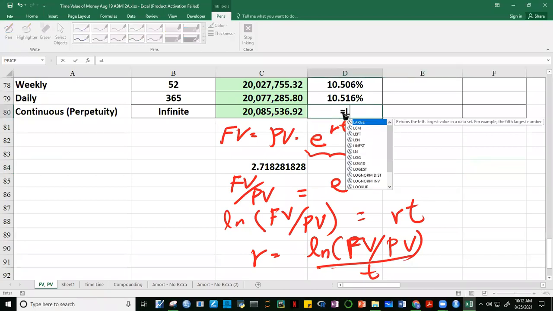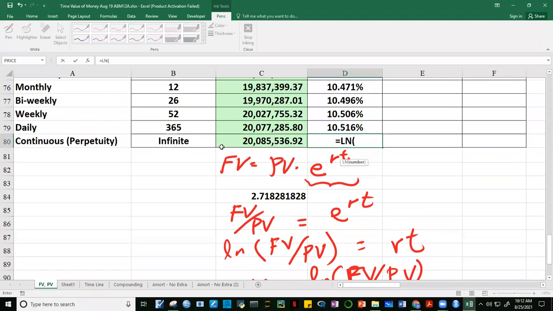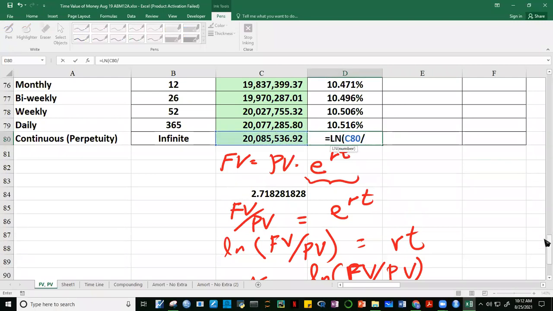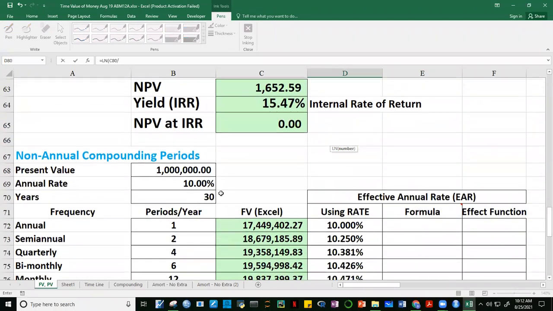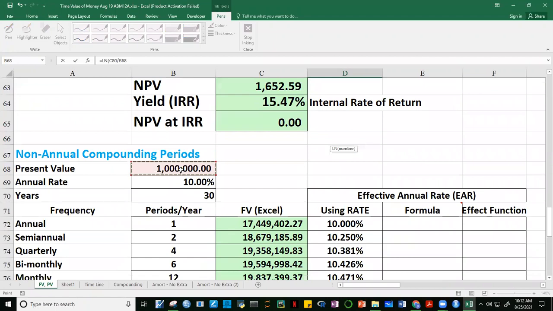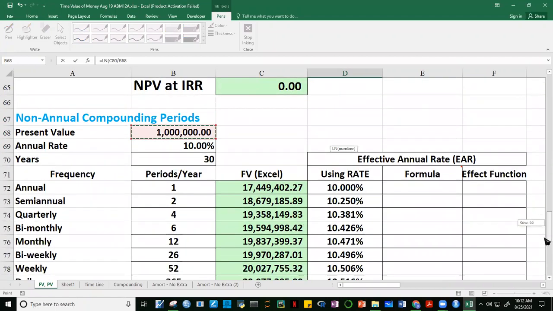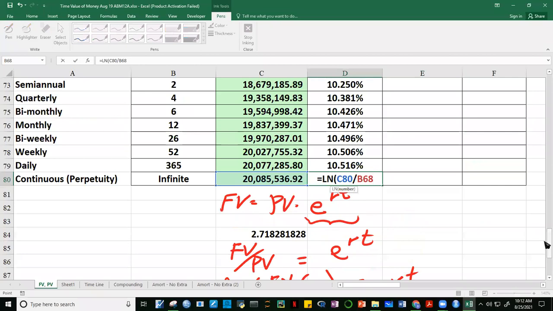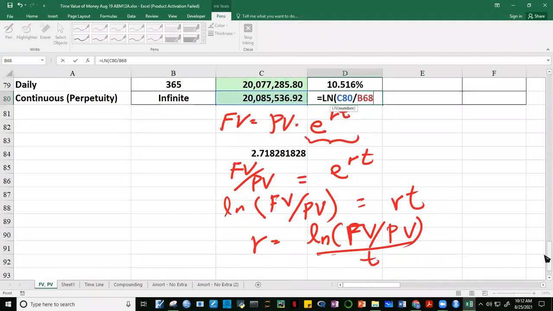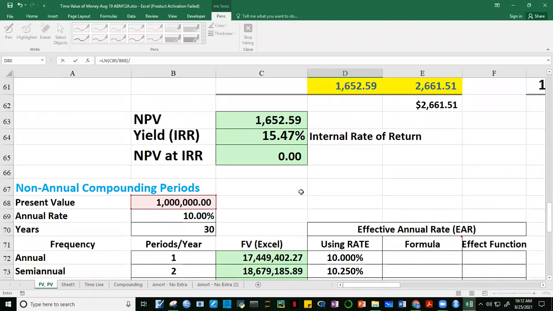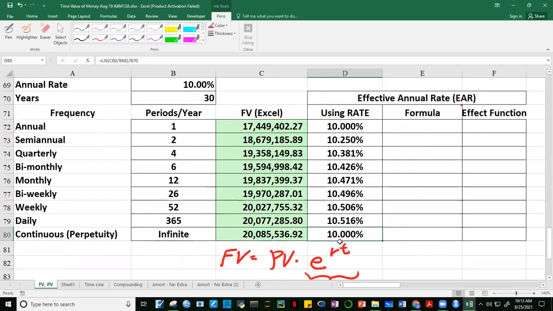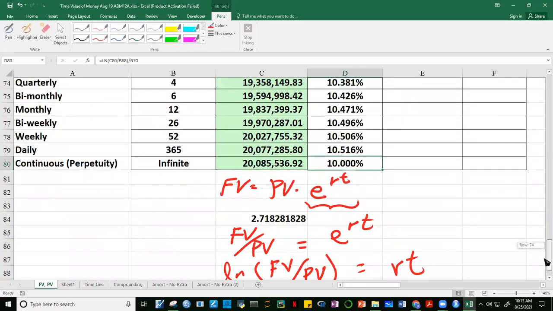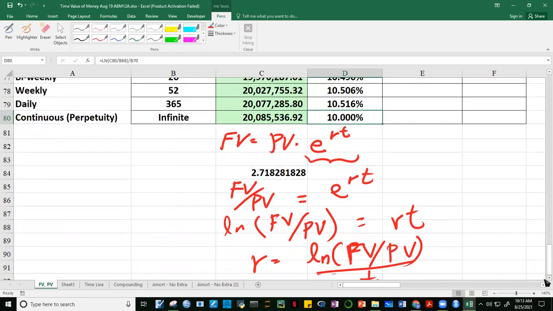It's equal to ln of FV over PV divided by T. But I'm going to get here 10% yata makukuha ko dito. 10%. Oh, hindi. Sorry ah. I'm getting the R here.